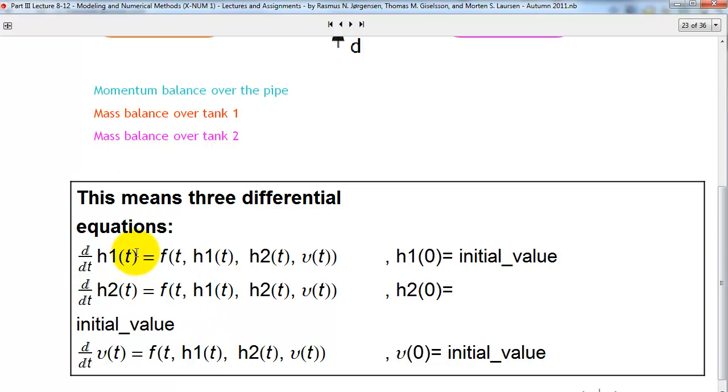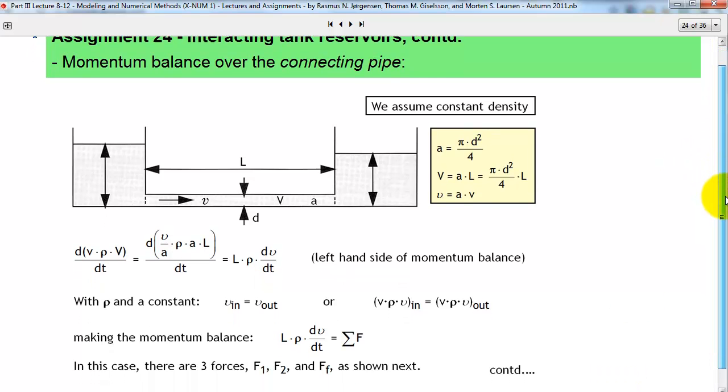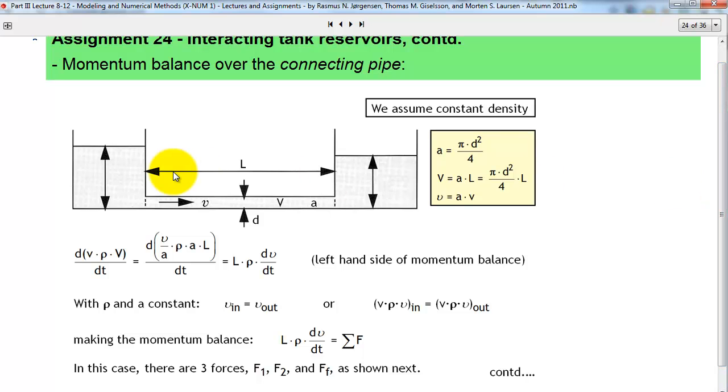that the change over time of the height in the first tank and the second, and the speed, they all depend on each other with relation to the height in both tanks, and of course there needs to be an initial value. And here there's put a little more numbers on. What is really adjusting it is the height of the first one, H1.